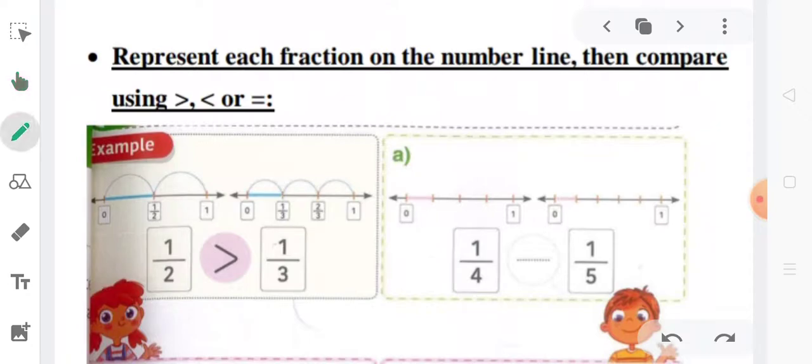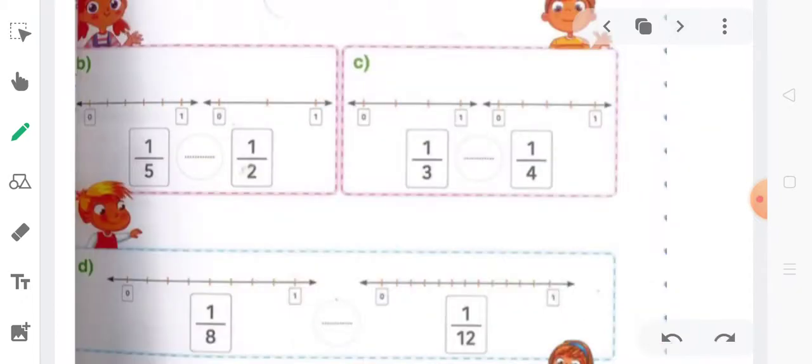Okay? Let's see the next. Look at this piece. We have fourth, so we have this piece, or the fifth. Look, yes. Of course, the fourth is the bigger one. Okay, let's see the next.